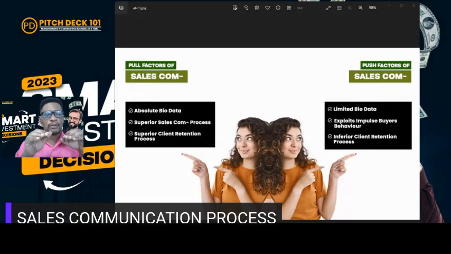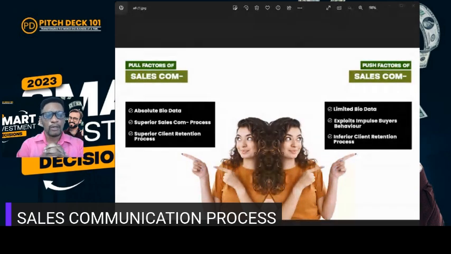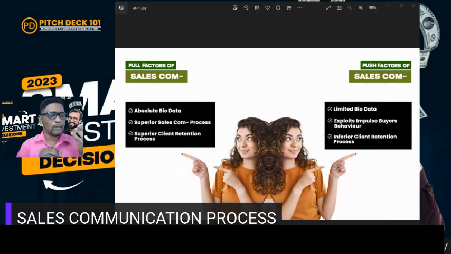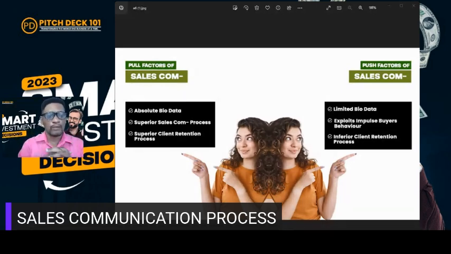As we go deeper into this analysis, into this examination, we will also be talking to you about influencers and the role that influencers play in the pull factors of sales communication. We will talk to you about storytelling and the role that storytelling plays in the pull factors of sales communication.